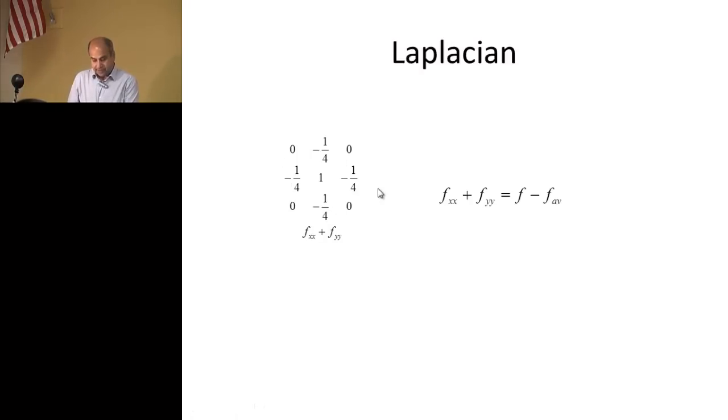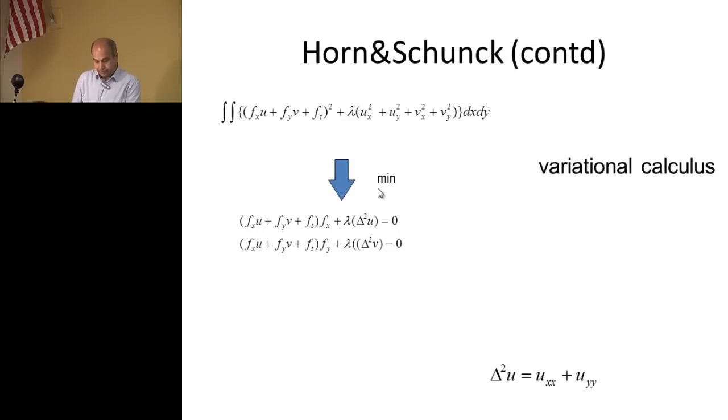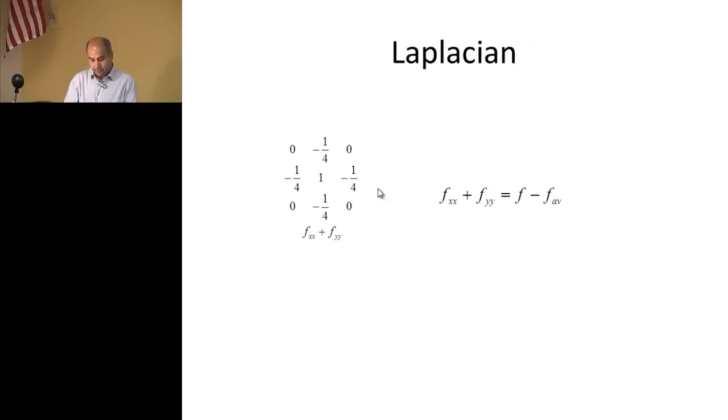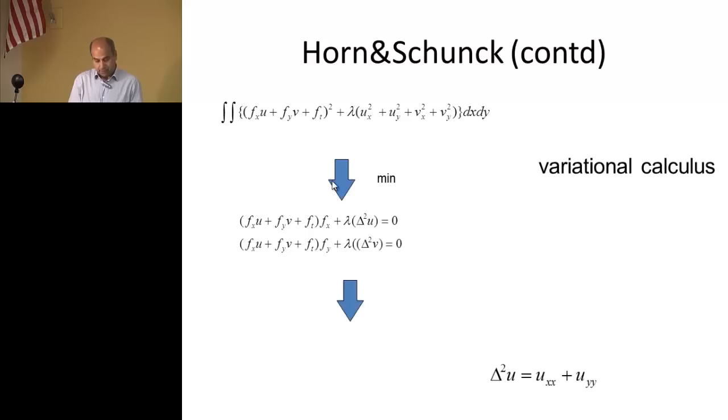If you look at this carefully, the discrete version of this Laplacian is that we take the average of the 4 neighbors, that's why we have 1/4, 1/4, 1/4, 1/4. So find the average of the 4 neighbors and subtract from the central one. This is a minus sign and this is a plus sign. So the approximation of the Laplacian is like that, and that's essentially what we are going to use.